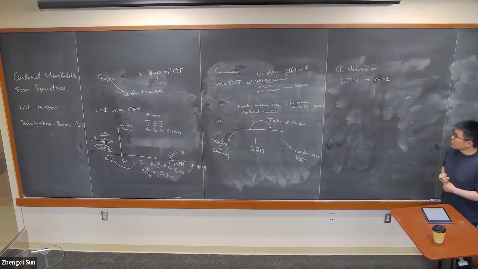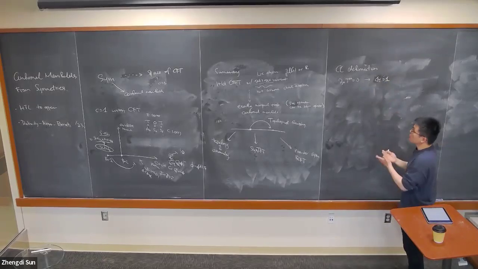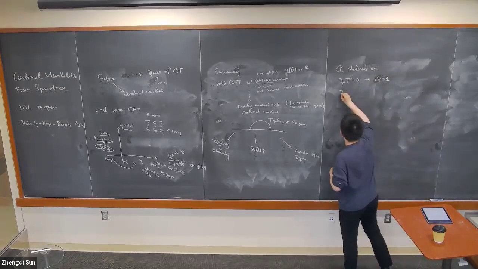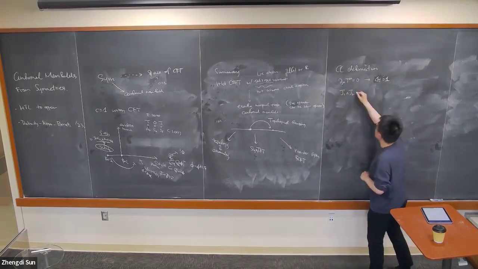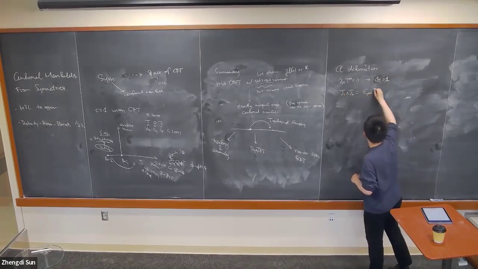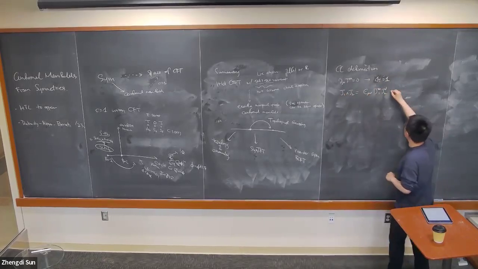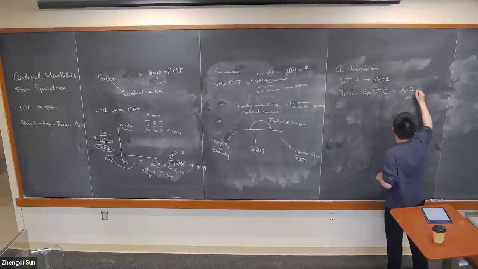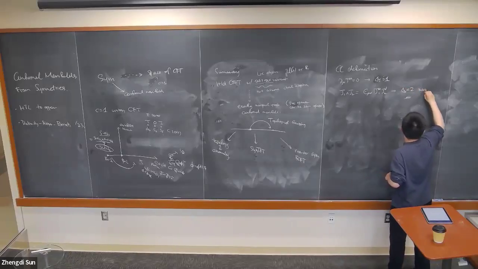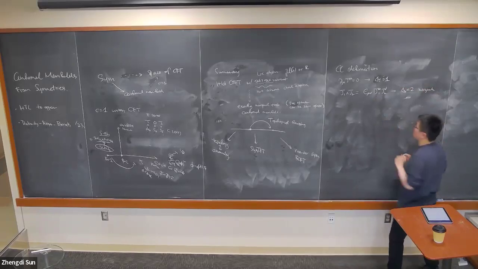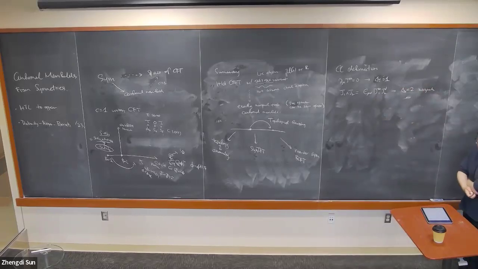Then you can try to build a dimension 2 operator by taking a product of two currents. In particular, I'm going to write an operator given by J1 wedge J2. This is just shorthand for contracting the two currents using the epsilon tensor. And so this operator naturally will have dimension 2. This is a marginal operator because each current has dimension 1.